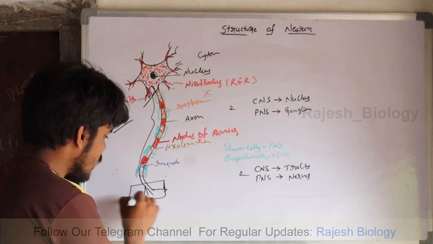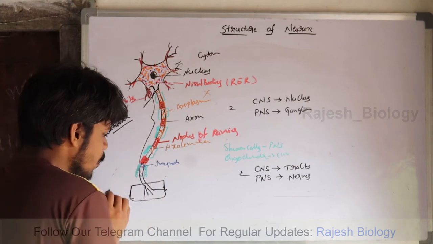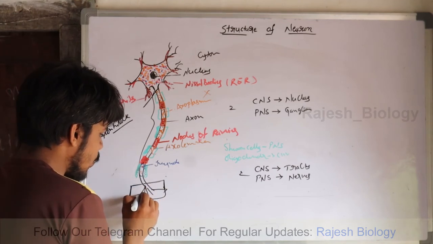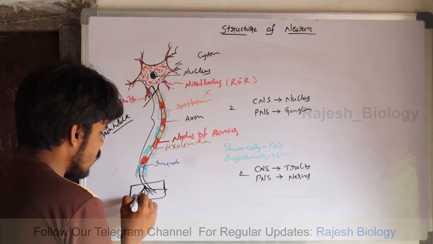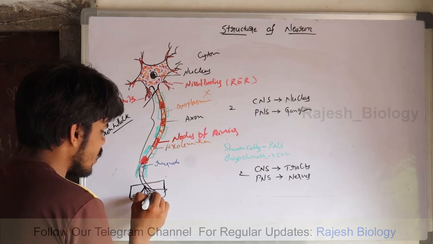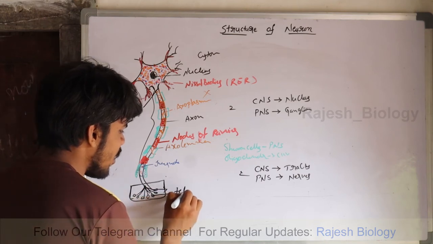So, come to this area, that means the tail portion of the axon. The tail portion of the axon is divided into so many branches, and the dendrites present at the tail portion of the axon are known as telodendrites.